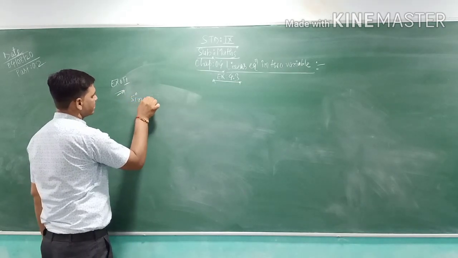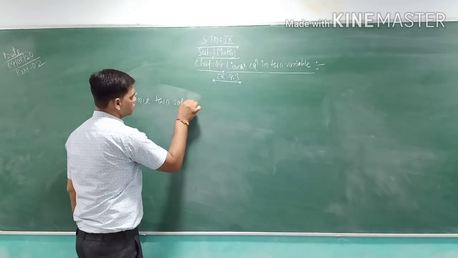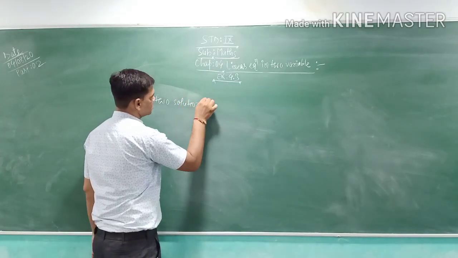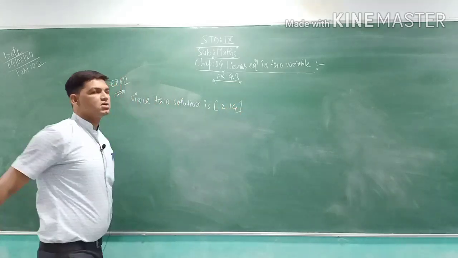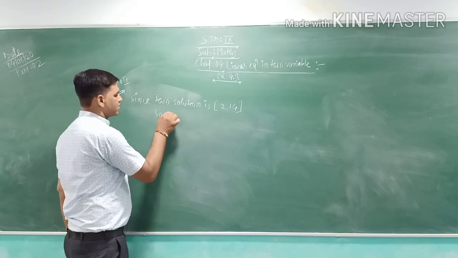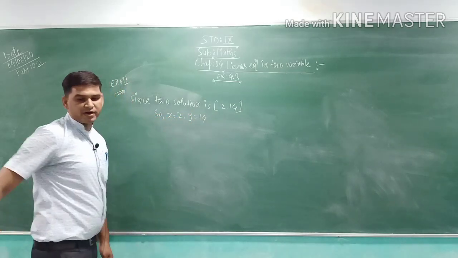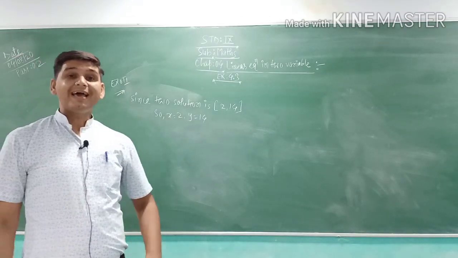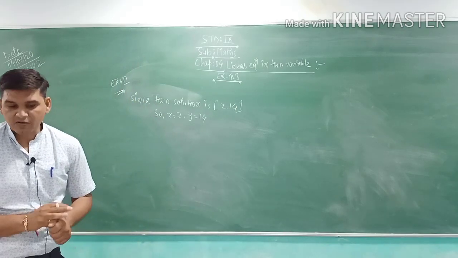Since the solution is given as 2 and 14, x is equal to 2 and y is equal to 14. Right? So I have to make equations which have this as a solution.